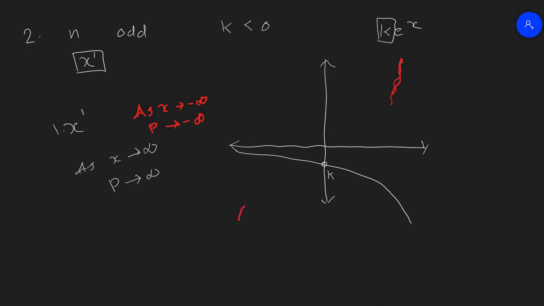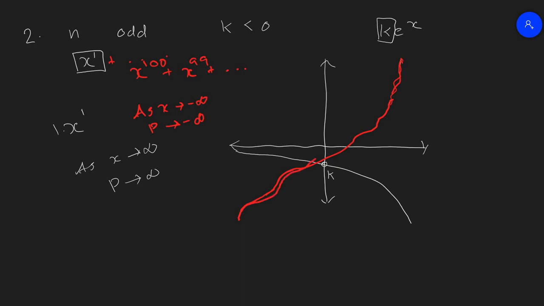So it will be somewhere like this. And this is continuous, so there can be many ups and downs in the function depending on the terms after it. Say this is x power 100 plus x power 99 plus so on, there will be certain places where the derivative is 0.